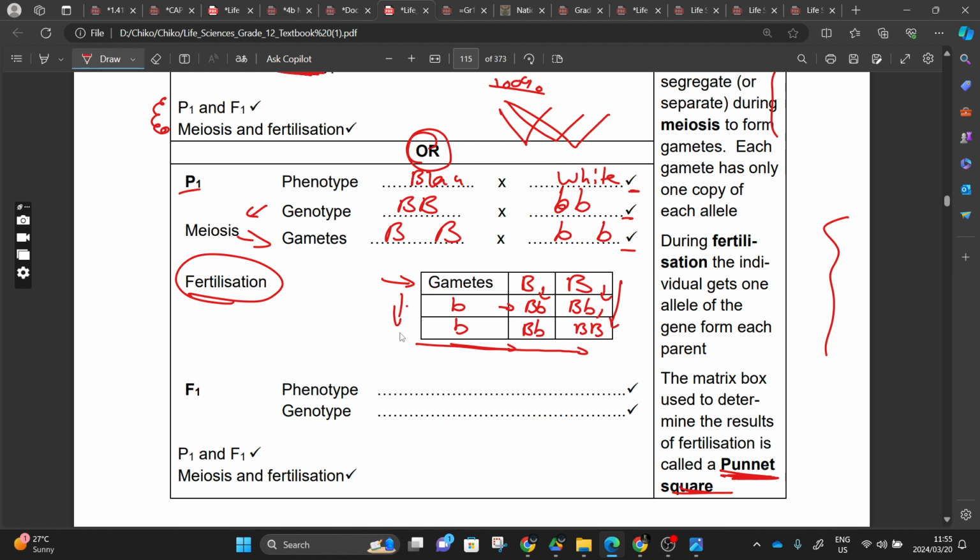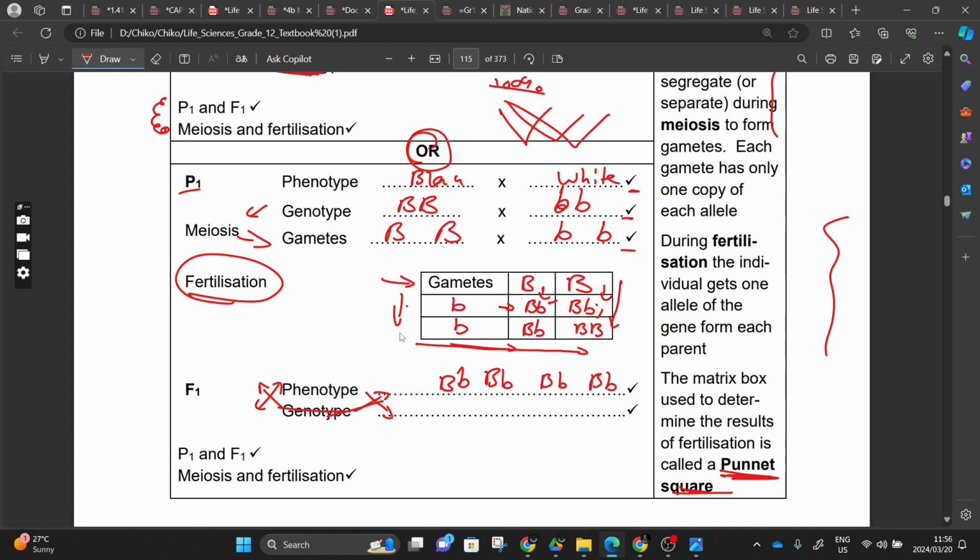Here we have to start with the genotype, guys. Let's exchange this so that the phenotype will be explaining the genotype. We are copying the genotypes here: BB, Bb, Bb, bb. Then, don't forget here the genotype, and then the phenotype we will be explaining now.